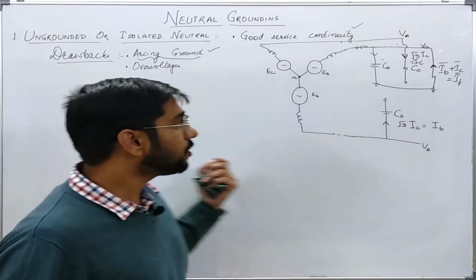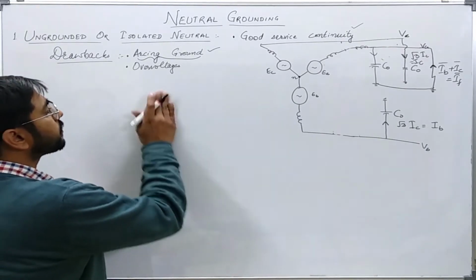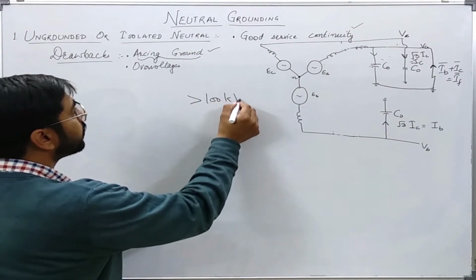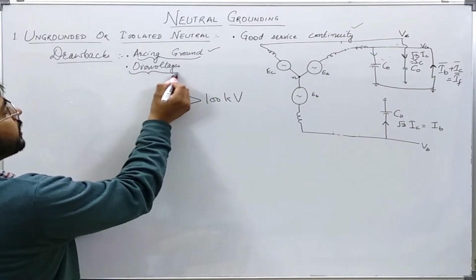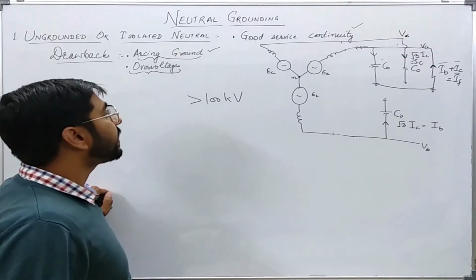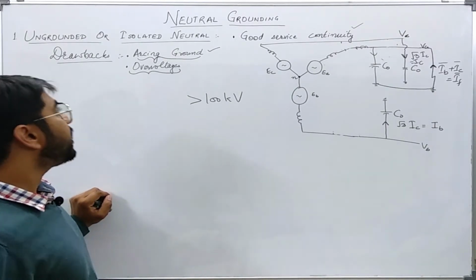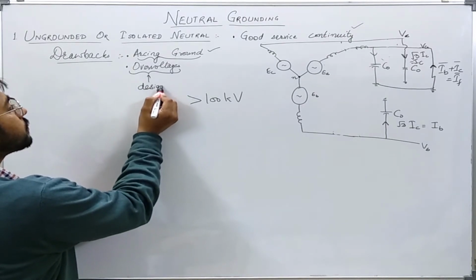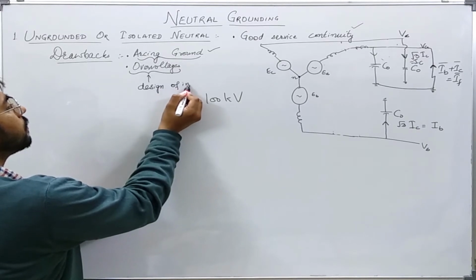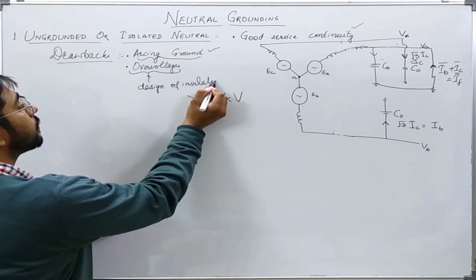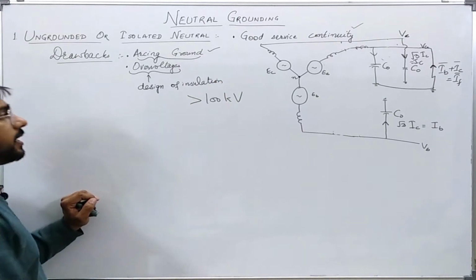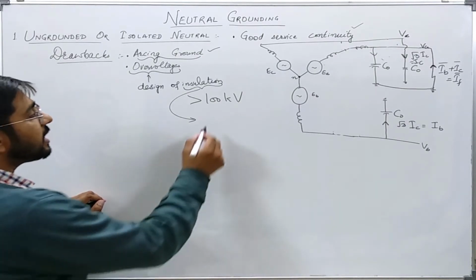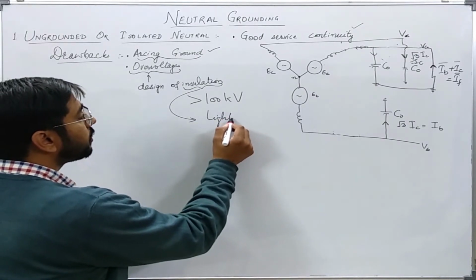Usually for power systems greater than 100 kV, these over voltages, especially during transients, may influence the design of insulation. Below 100 kV, the insulation is usually affected by the lightning levels, the thunder.